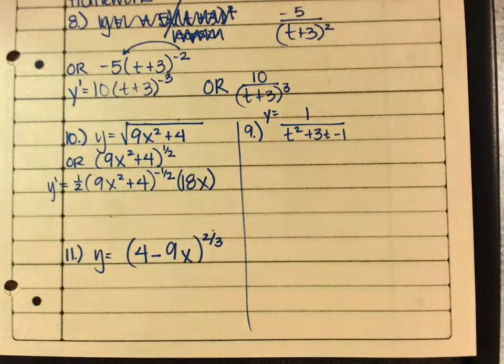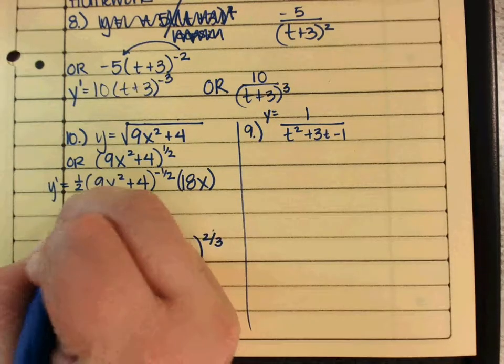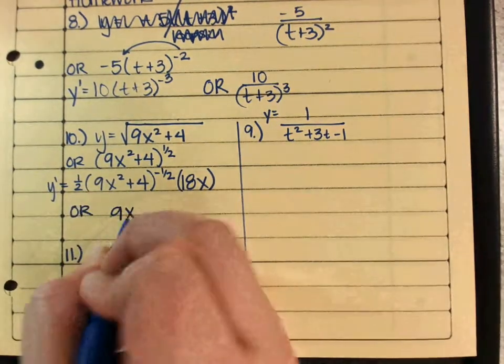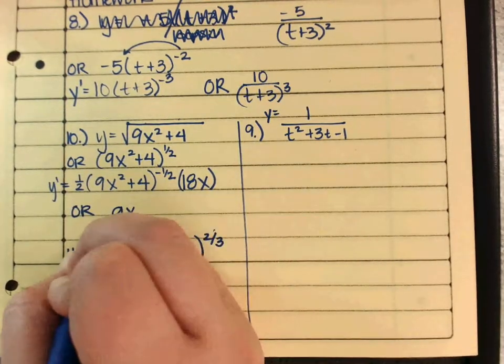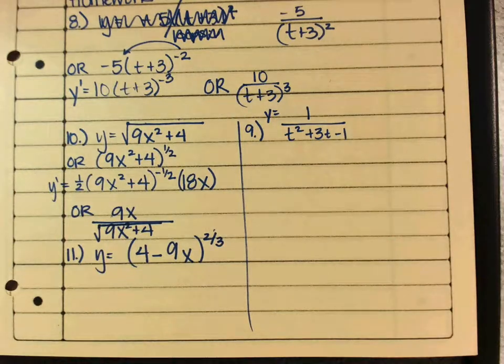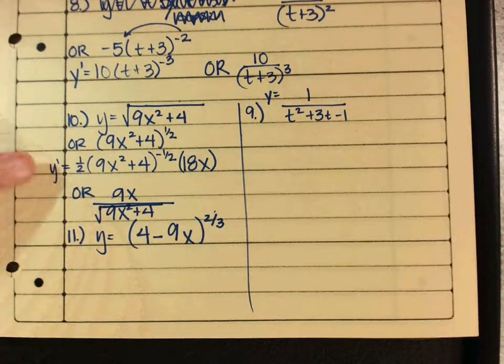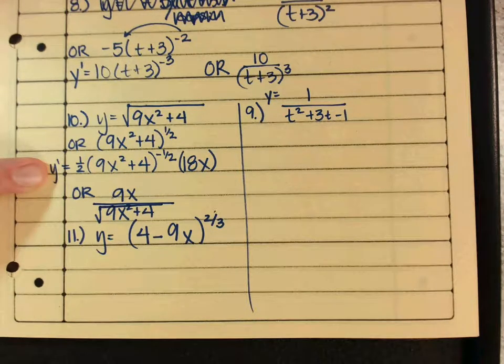Now, if 1/2 and 18x are both on top, let's combine those. What is half of 18x? Okay, so 9x on top, 9x squared plus 4 under a square root on bottom. And that would be the perfect wrapped up pretty answer. But if you left it like this on multiple choice or on free response, you would have been totally fine. Okay?